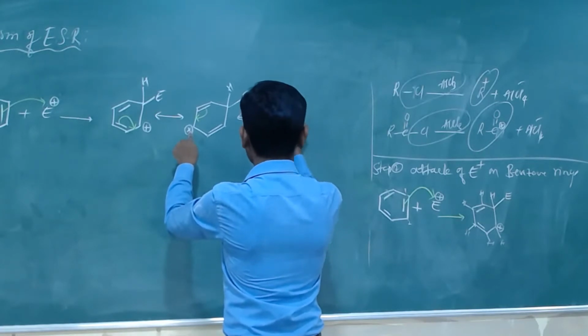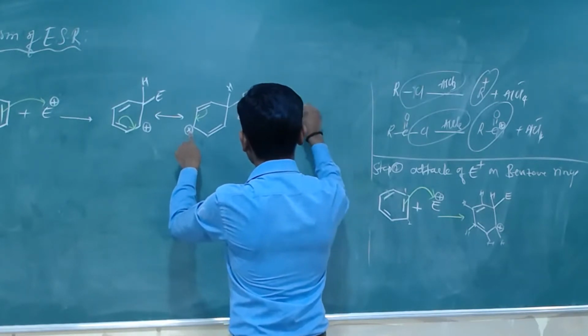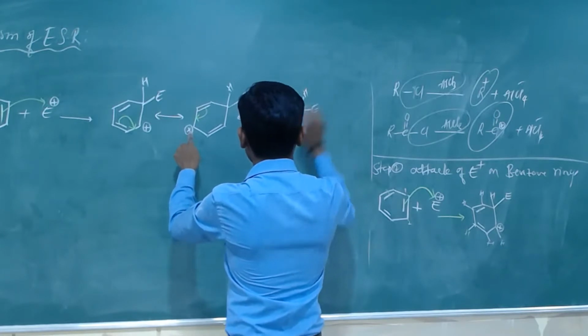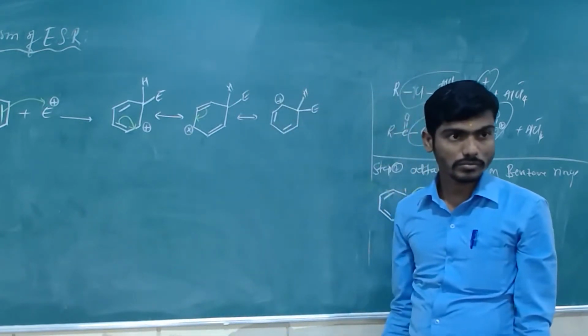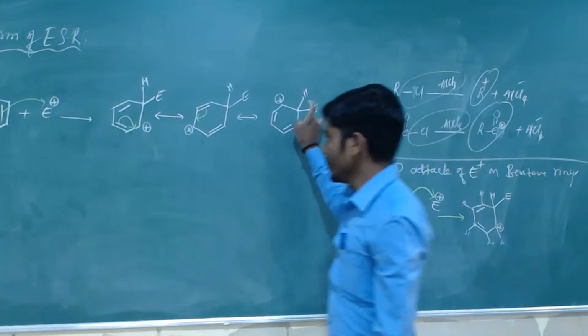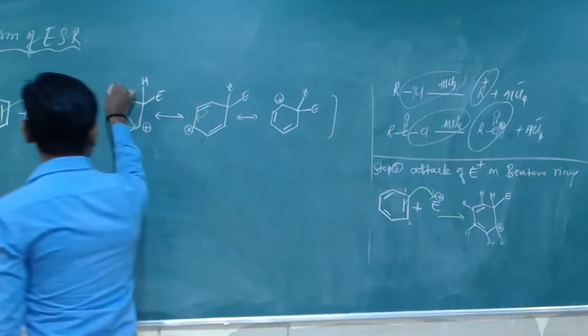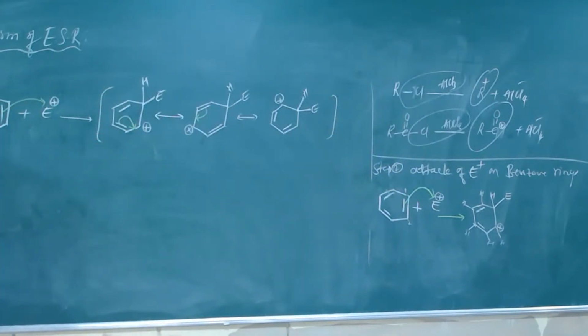Benzene ring, double bond, this is the plus charge. So this can be written in general. These are the resonating structures. And the last step, step 3, deprotonation.